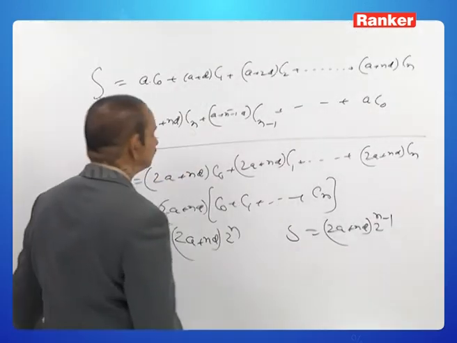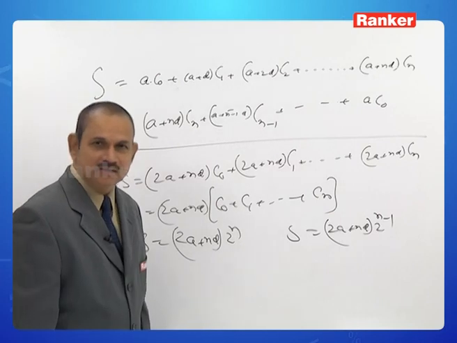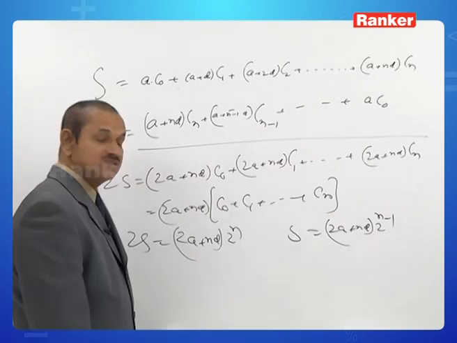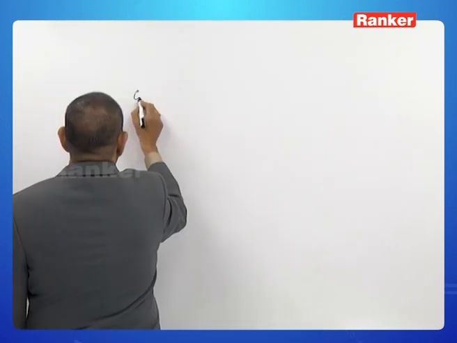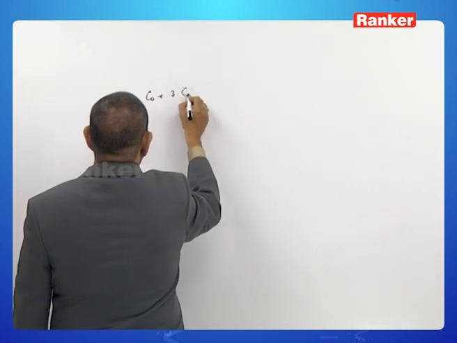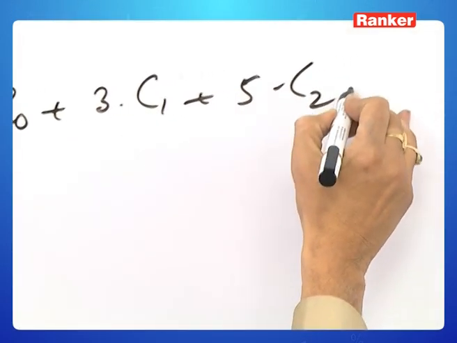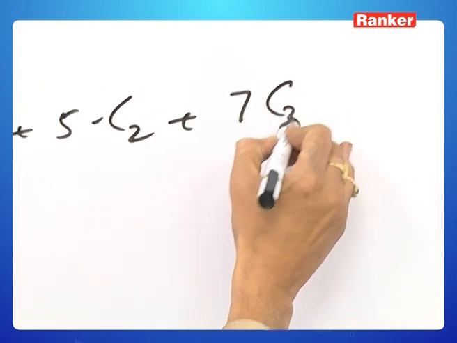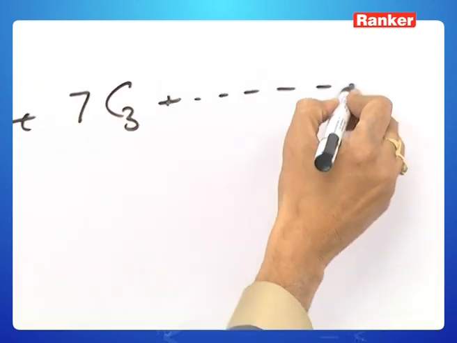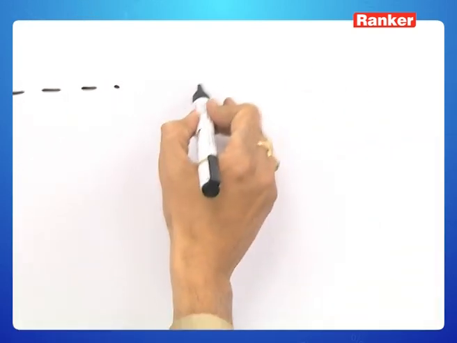Let us observe one illustration for this standard result. C0 plus 3 into C1 plus 5 into C2 plus 7 into C3 and so on, n plus 1 terms.